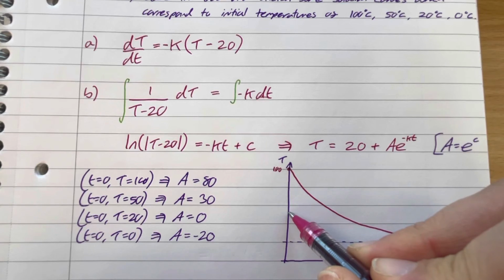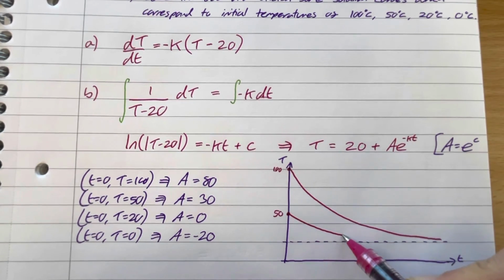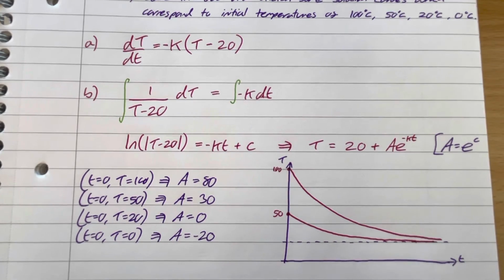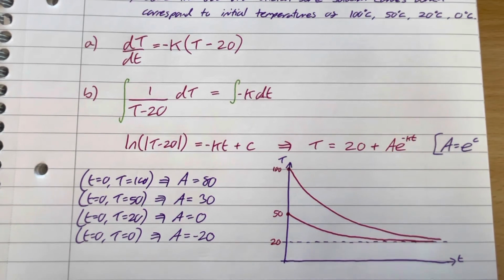Or maybe you're going to start at 50 degrees, in which case it will exponentially decrease to 20. Or if you start at 20 degrees, you're starting at the same temperature as the room, then A is 0 and you're left with T equals 20, which would just be that line, it would just be the asymptote, it would remain at 20 degrees for all time.